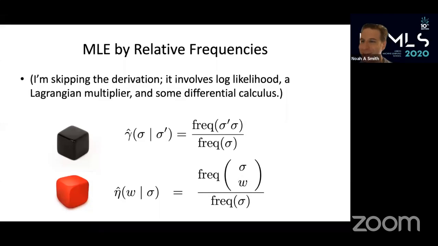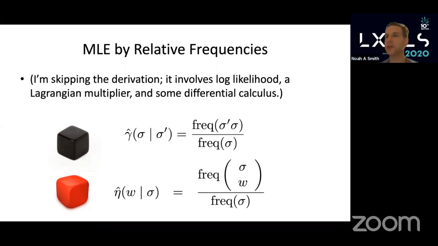I'm tempted to give you the math and derive why relative frequencies are the solution for maximum likelihood estimation with a model like this, but I'm just going to show you the formula. You're counting frequencies of state transitions or state emissions, and then dividing by the total number of times you visited a state. Those relative frequencies give you the weights for the different sides of your two kinds of dice.